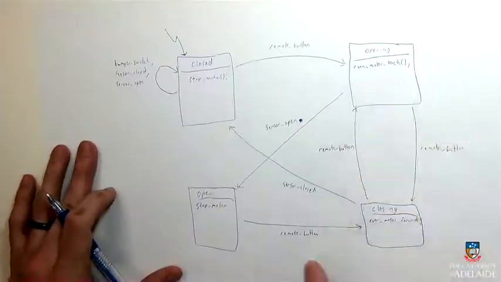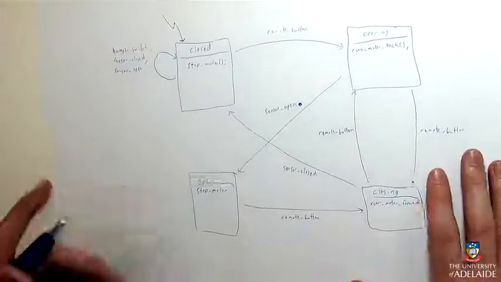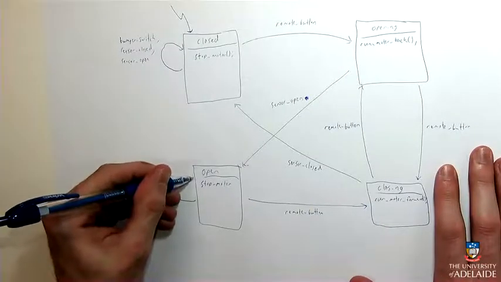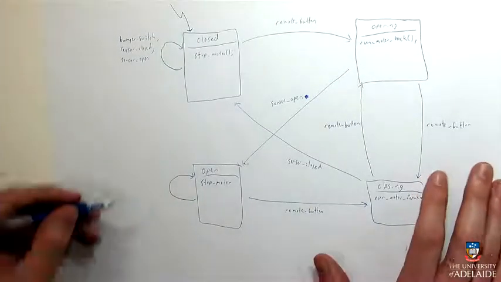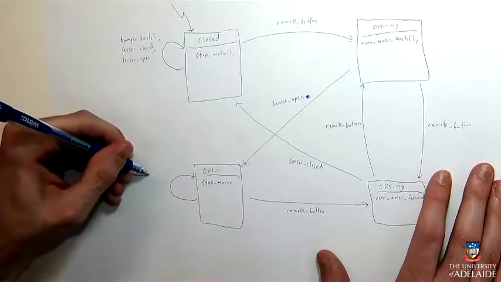So if we revisit what we were just looking at, if we didn't want to explicitly trigger the motor running forward and backwards every time we were in the opening state, for instance, I'm just going to finish filling out this one.